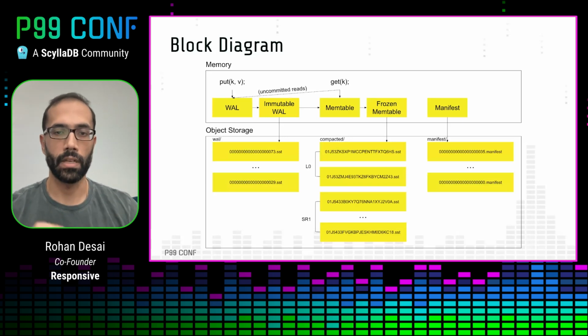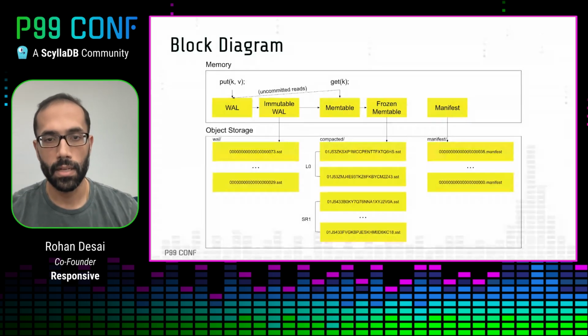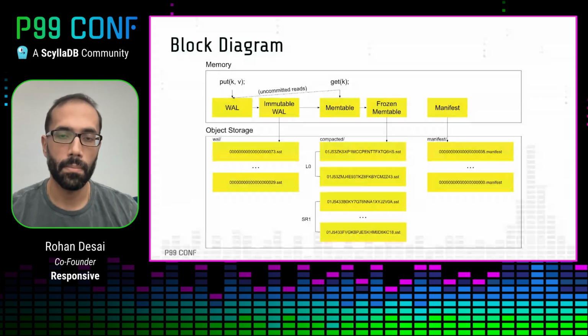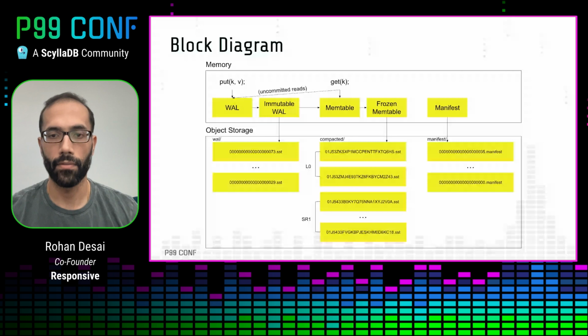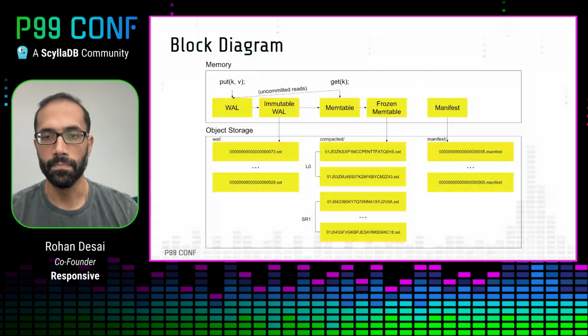It also encodes the structure of how those SST objects comprise the log structured merge tree structure. There's also some snapshot metadata. And then finally, there's a writer epoch in there, which we use to ensure the single writer property and prevent multiple writers from clobbering the database.